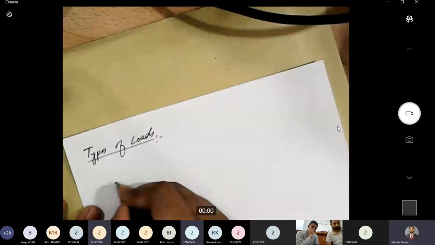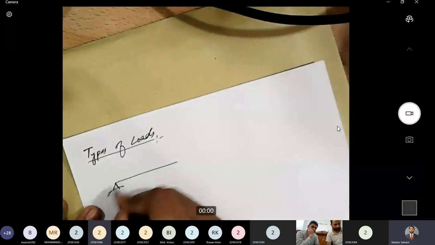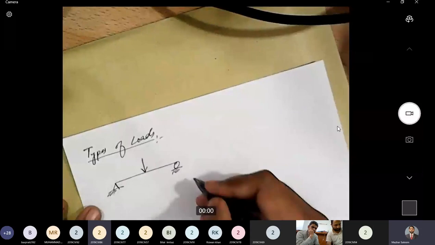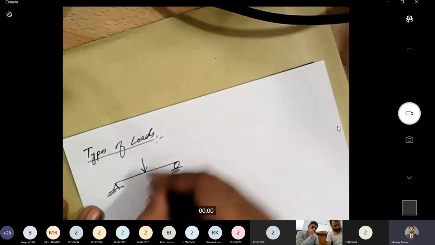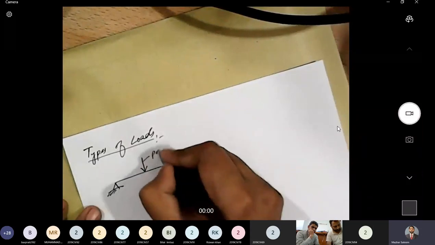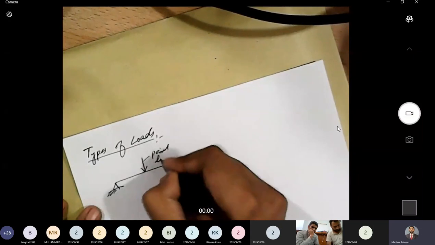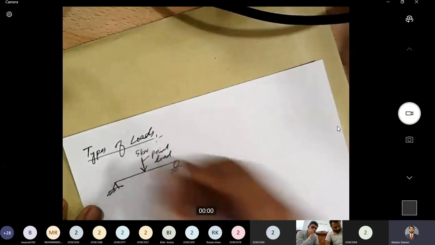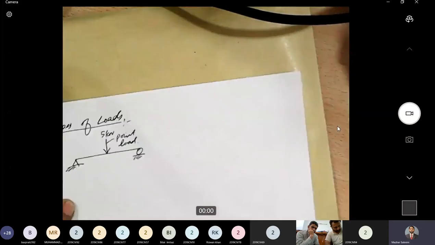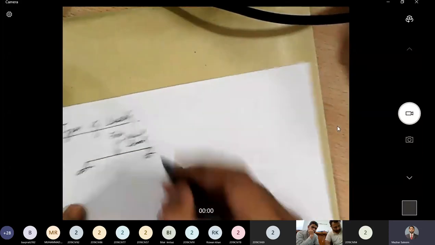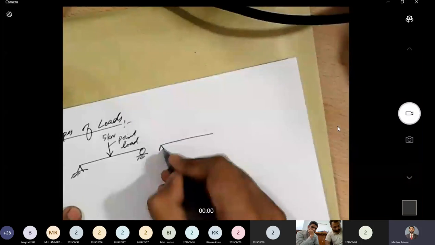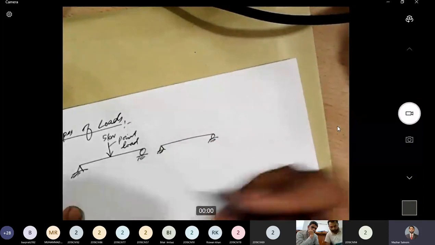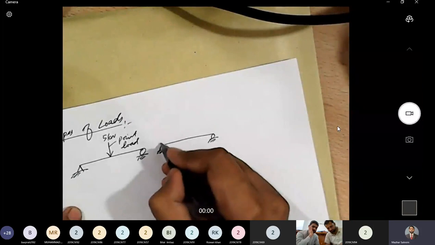So what is a point load? If I have a beam like this and there is a load like this, this load is a point load. Maybe it is 5 kilonewton, let's say, as an example. And the other type is the uniformly distributed load. There are two ways to show a uniformly distributed load.